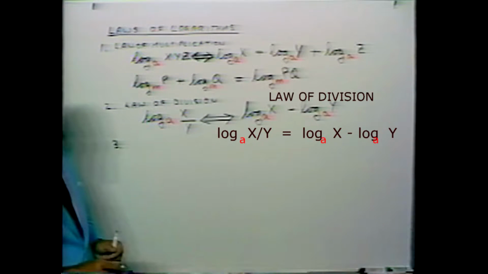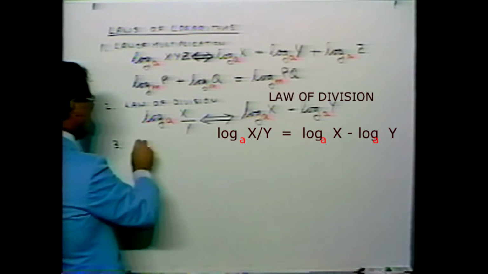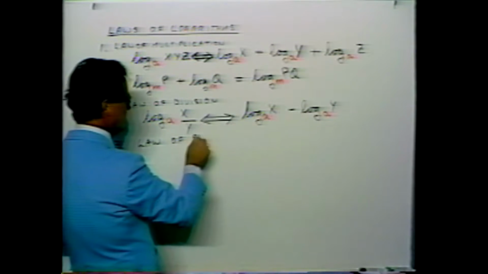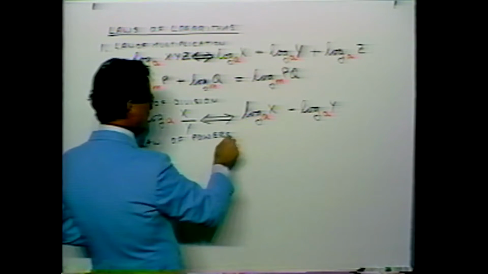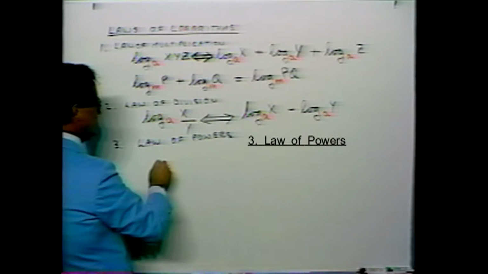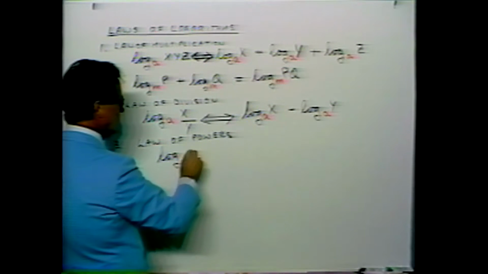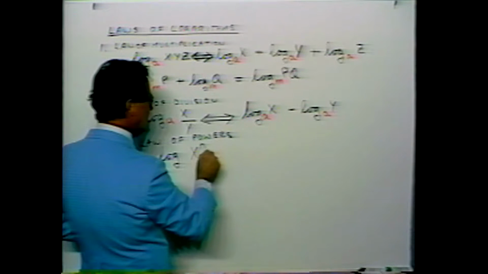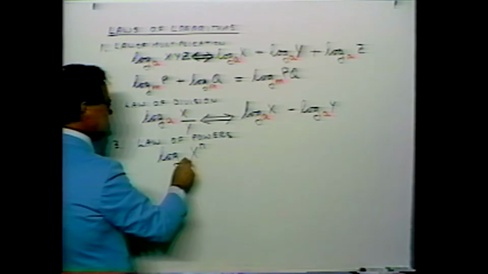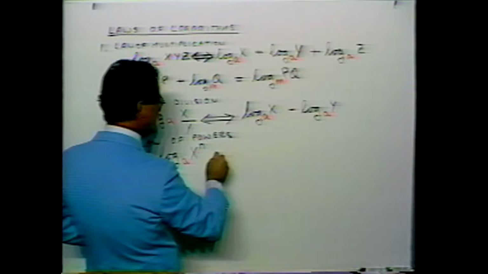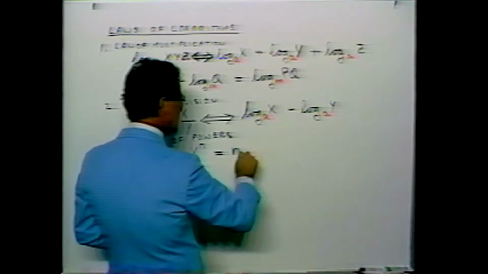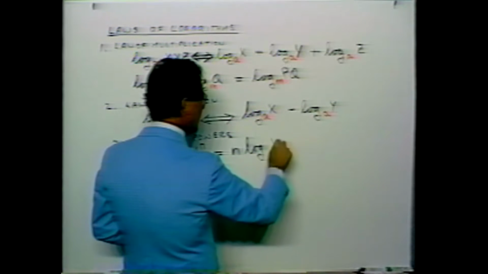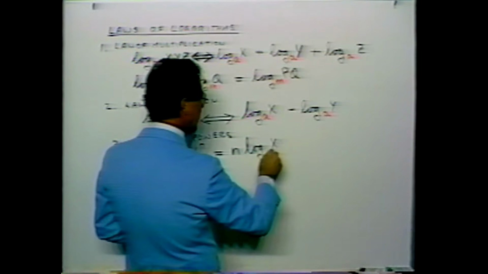Third is referred to as the law of powers. Which is that if you have log of x to the exponent n to base a, that this is equal to n times the log of x to base a.